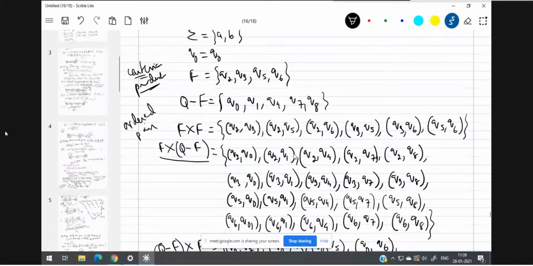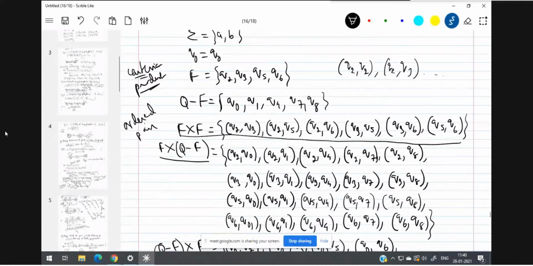Normally if we do F cross F, more pairs will be there. If we find F cross F, Q2 comma Q2, then Q2 comma Q3, like that, okay? But instead, Q2 comma Q2 is not there, and many are not there.